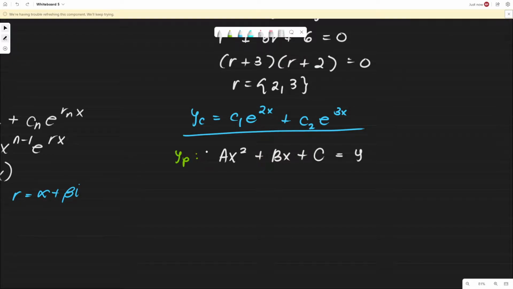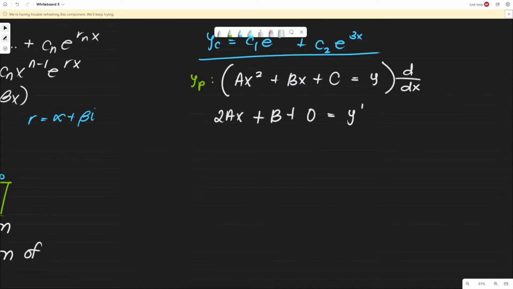So let's get the derivative. We have here 2ax plus b, since the derivative of x squared is 2x, the derivative of x is 1, derivative of c is 0. So plus 0, this is equivalent to y prime. Okay? So next, nakuha na natin yung y prime. Let's get another derivative para naman sa ating y double prime.